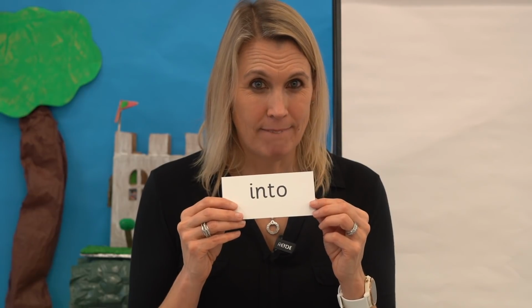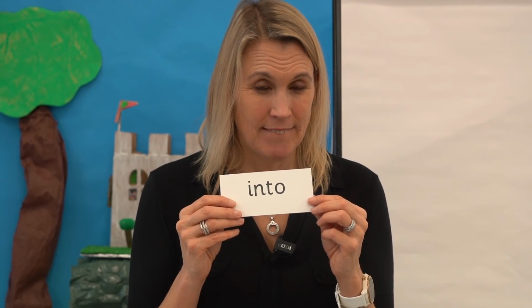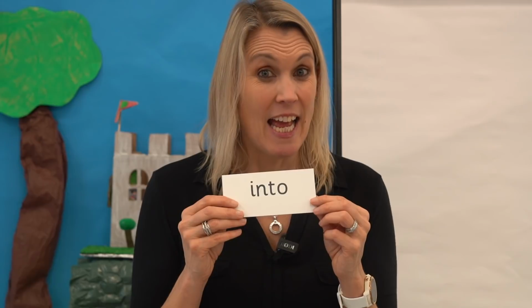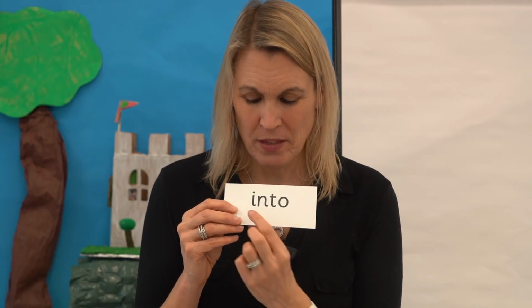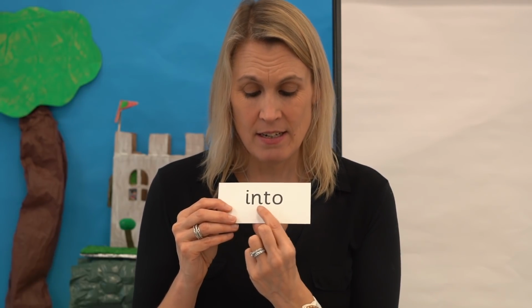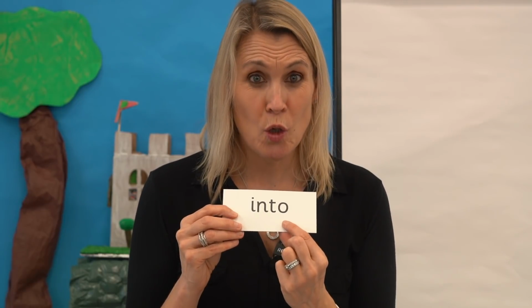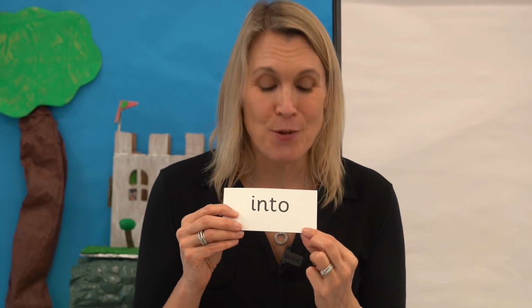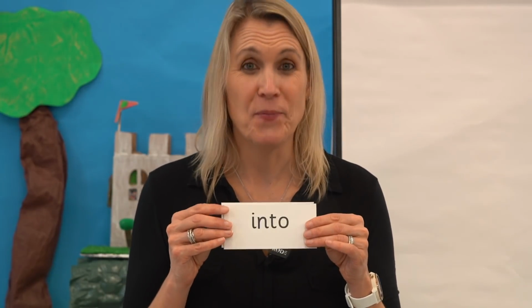Read the word. Let's read it together. I, n, t, oo, into. Well done. Okay, now let's read them quickly. I'm going to mix them up and I want you to read them aloud. Off you go.